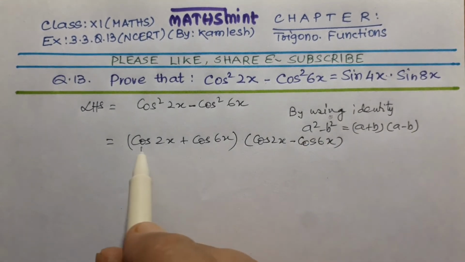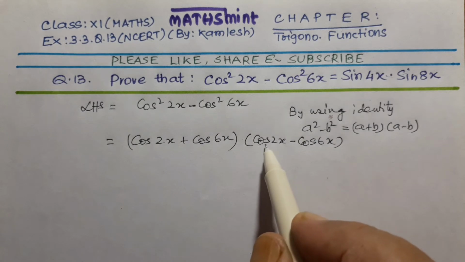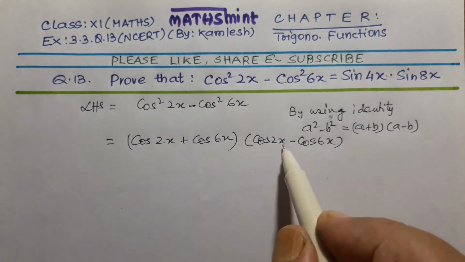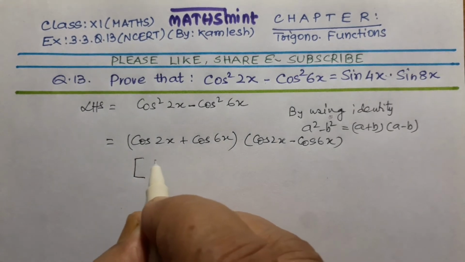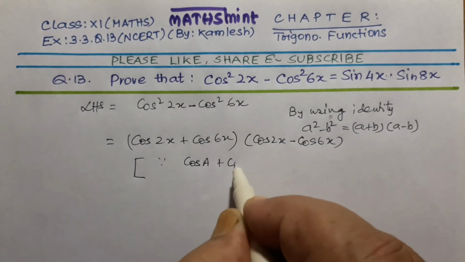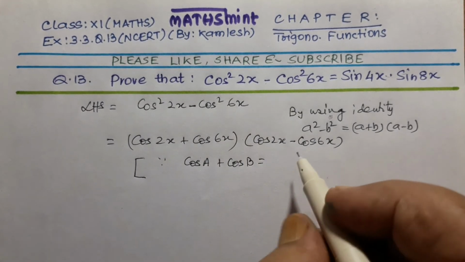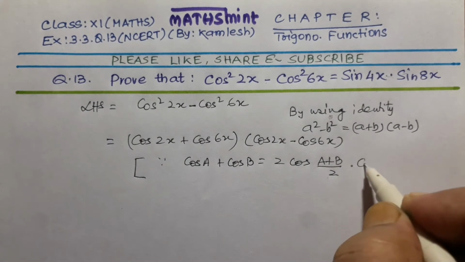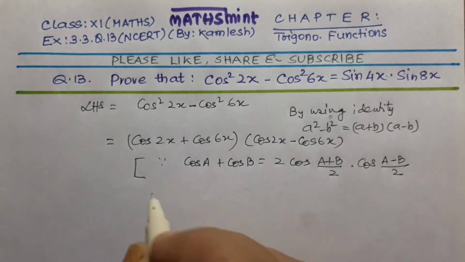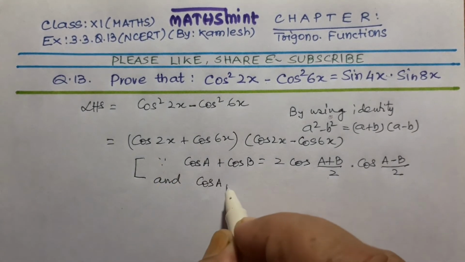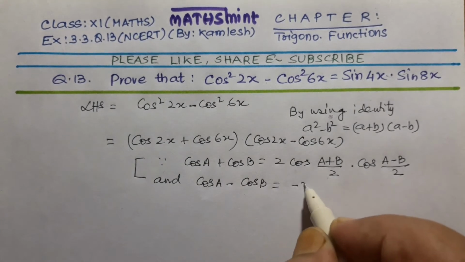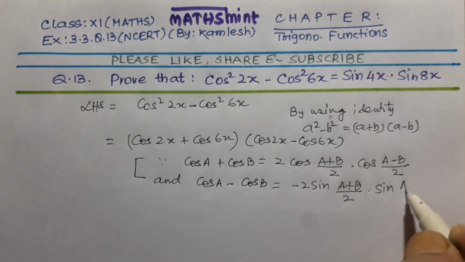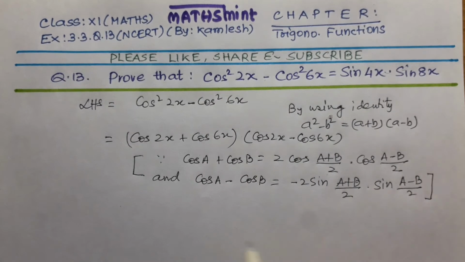Now this has come on the identity cos a plus cos b, and this is cos a minus cos b, and for these identities we have: cos a plus cos b equals 2 cos (a plus b)/2 into cos (a minus b)/2, and cos a minus cos b equals minus 2 sin (a plus b)/2 into sin (a minus b)/2. This identity we shall use for this.